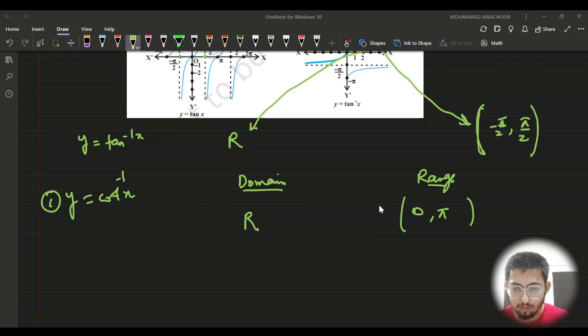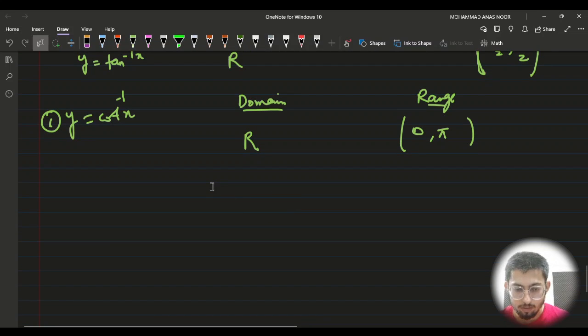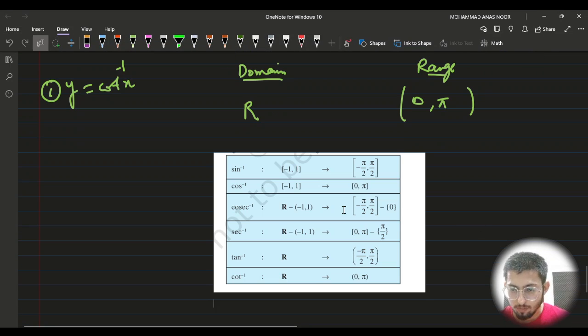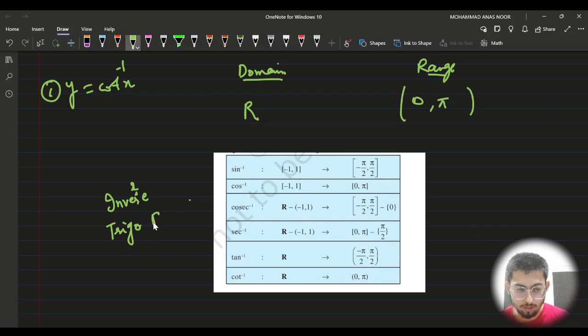After doing all of these, we get a table which looks like this. Earlier we had drawn the table for normal trigonometric functions. This is the domain and range of the inverse trigonometric functions.